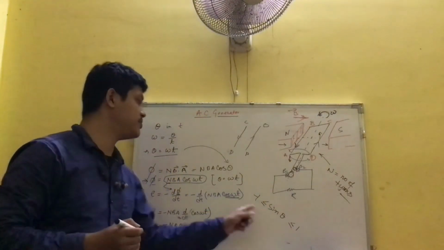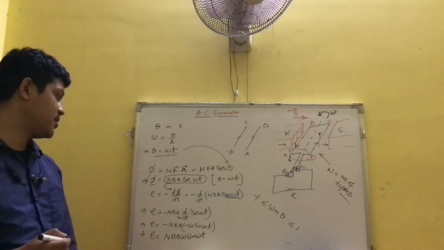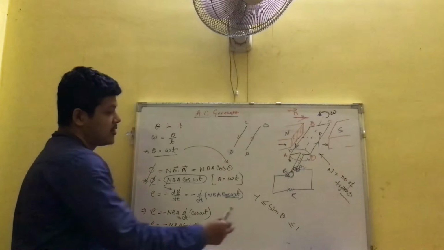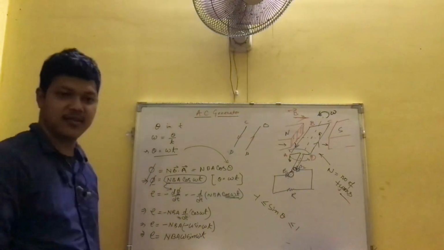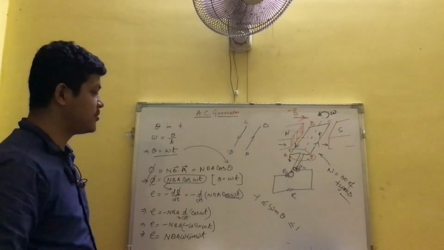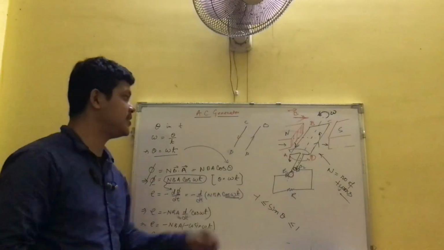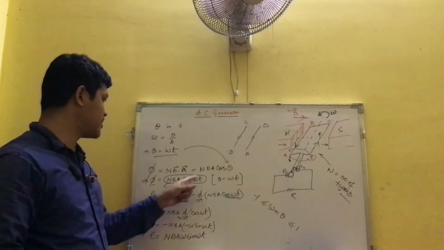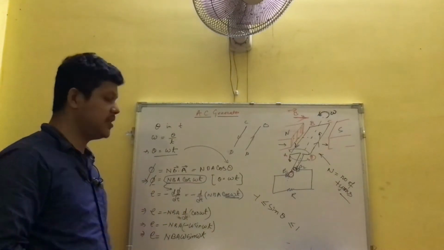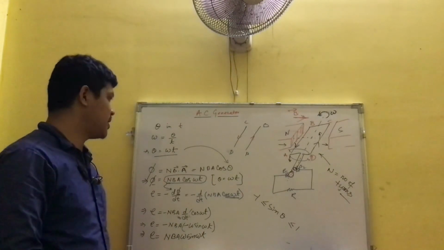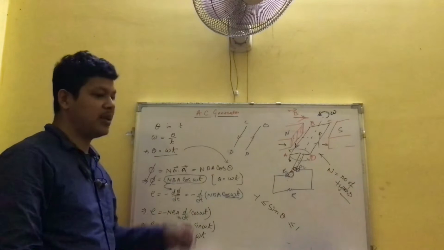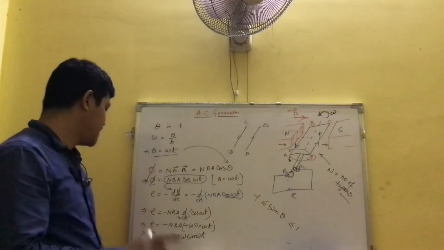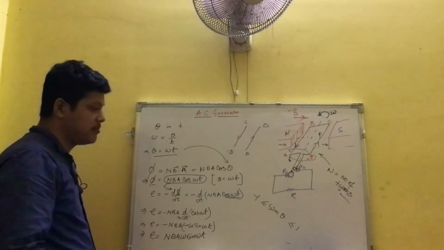So when will the EMF be maximum? When sin theta is equal to 1, that is when theta is 90 degrees. That means the angle between the area vector and the magnetic field must be 90, so that maximum flux will be passing through this surface. Then this one will be maximum.